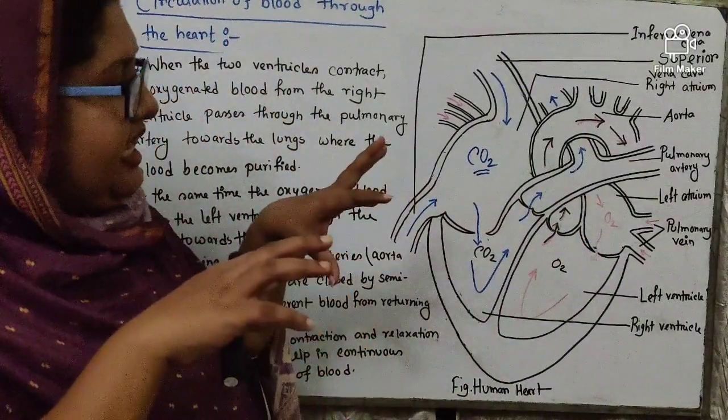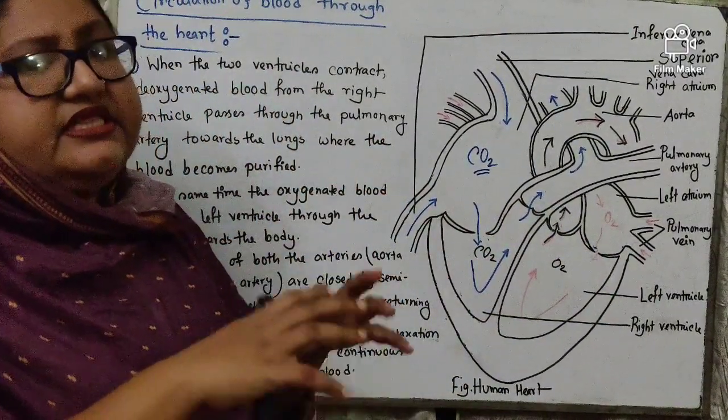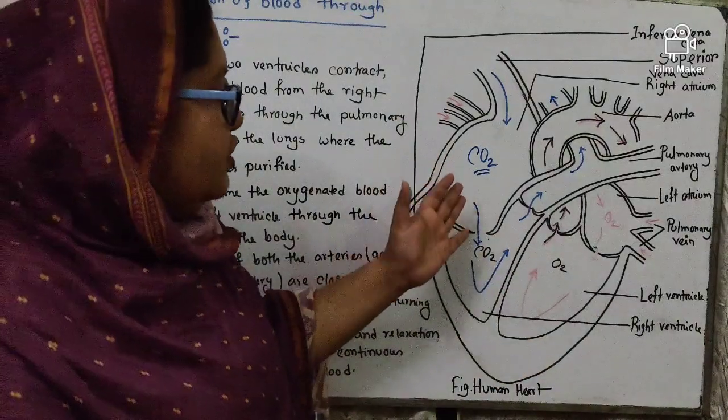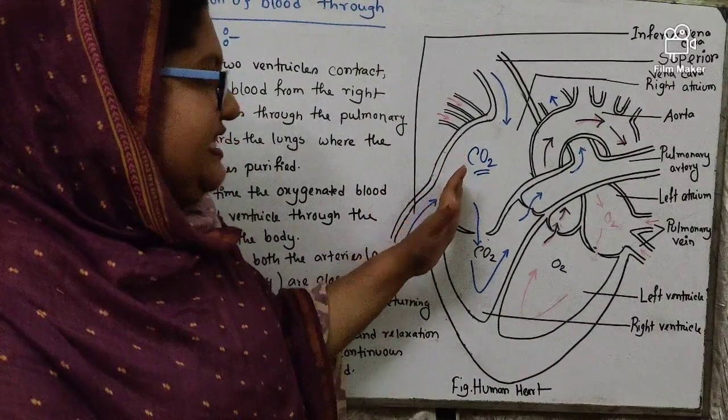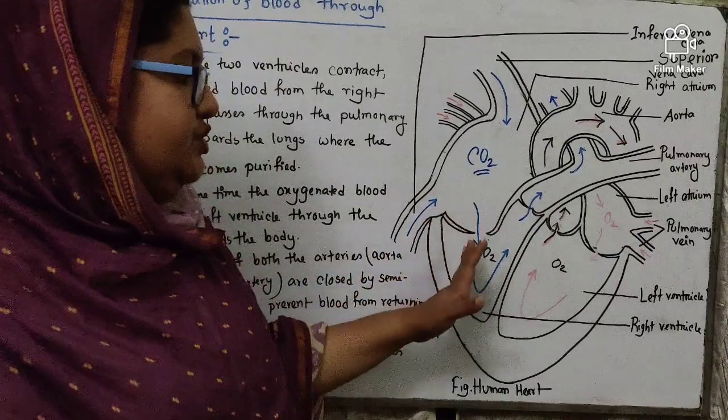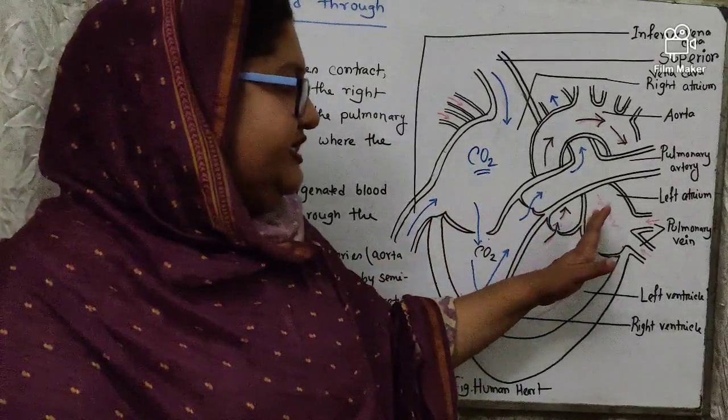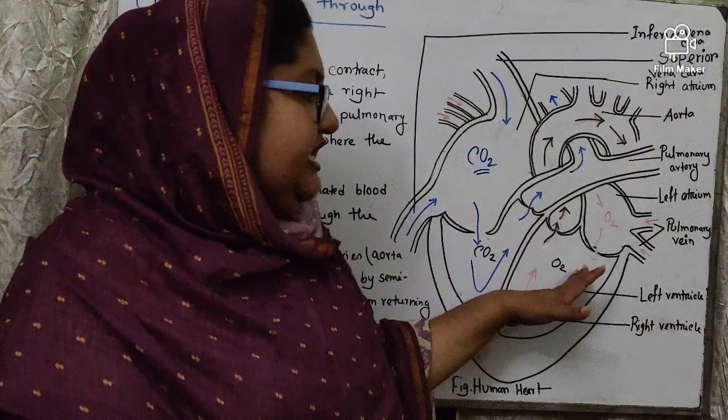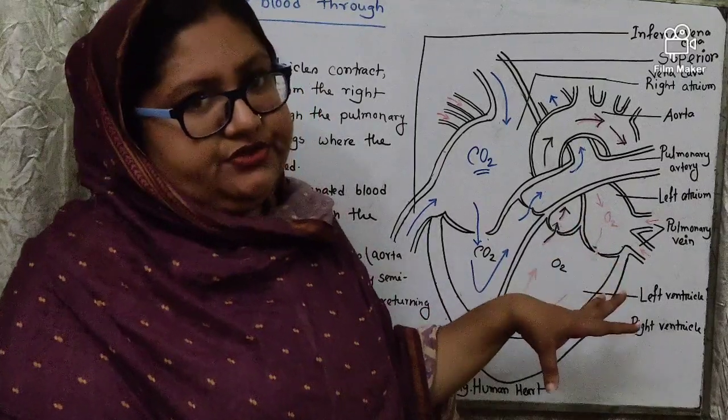Then the atrium contracts and the ventricle expands. So the carbon dioxide enriched blood from the right atrium enters into the right ventricle, and from the left atrium to the left ventricle, oxygen enriched blood enters.